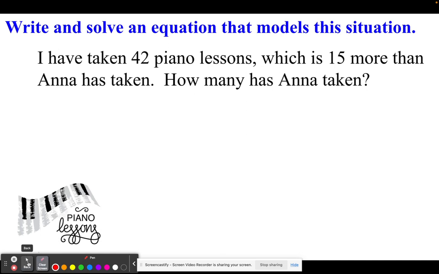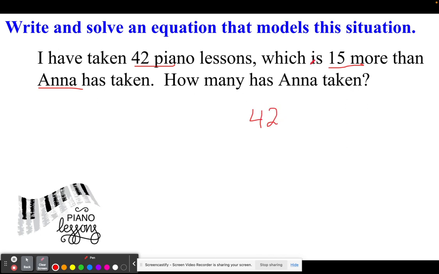Let's look at this example that we're actually on. We've taken 42 piano lessons, which is 15 more than Anna has taken. How many has Anna taken? Well, I've taken 42.